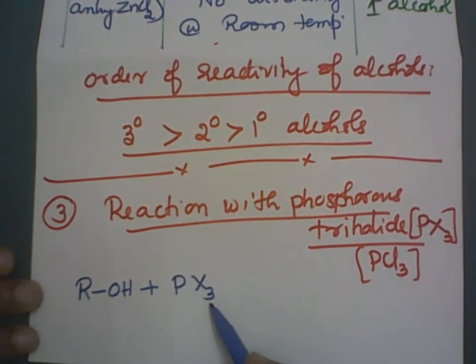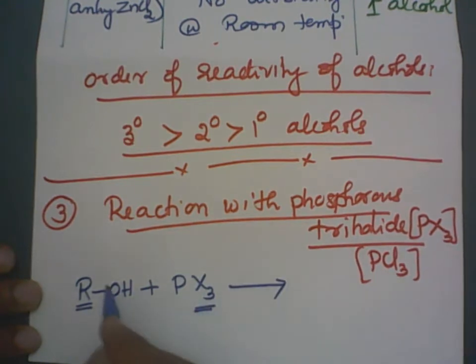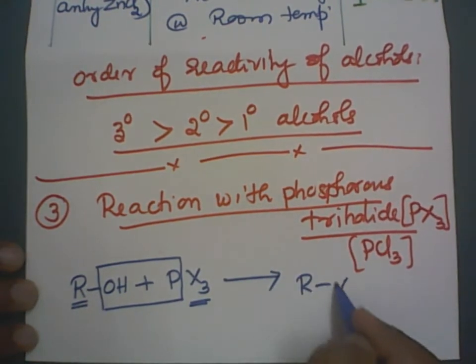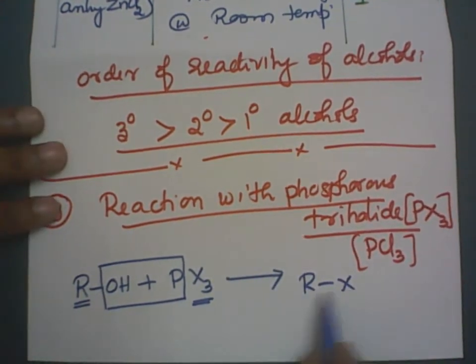Remember, phosphorus trihalide, phosphorus pentahalide, hydrochloric acid, hydrobromic acid, that is HX in general, as in the previous reaction, they always give rise to the alkyl halide. That means you have to remove phosphorus, hydrogen, oxygen, so we get alkyl halide in general.